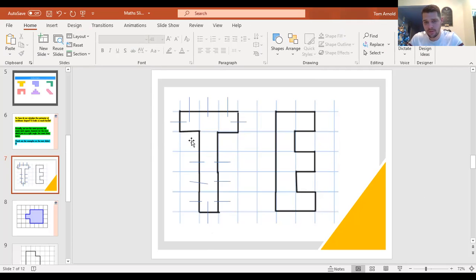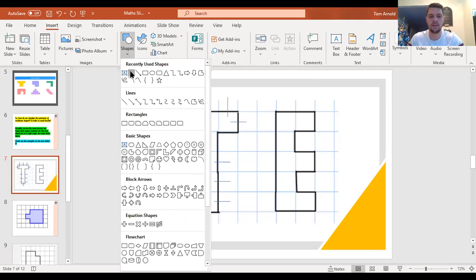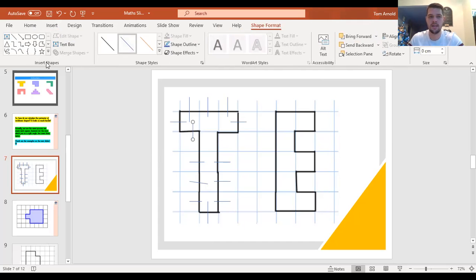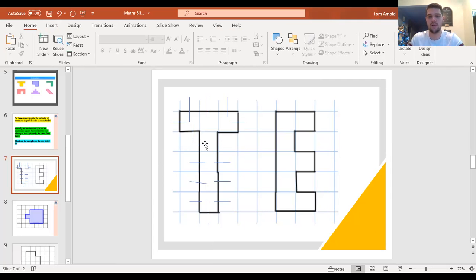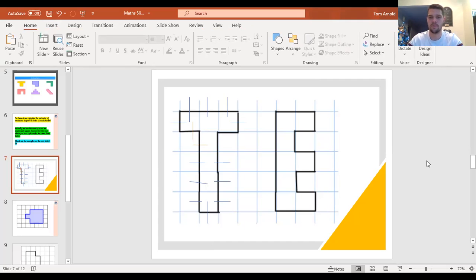But I have this right angle and I have this right angle. What I need to do is I need to put one in for both. So even though it's one square, I need to count here, and I also need to count here. Hopefully you can see that in orange.